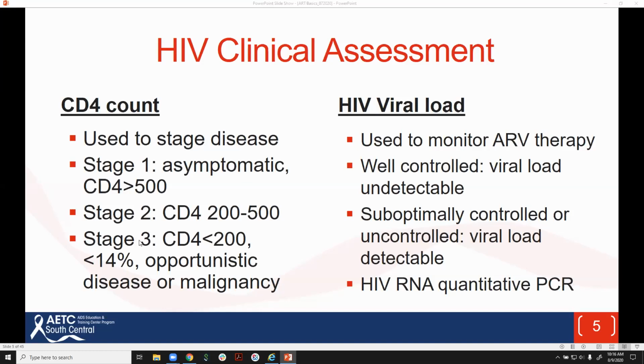And so stage 3, of course, we've commonly used the term AIDS, acquired immunodeficiency syndrome, but because of the stigma associated with that, and the historic meaning of that syndrome name really meant that someone was going to imminently die, and that is no longer the case.